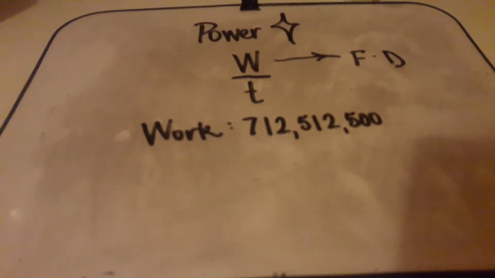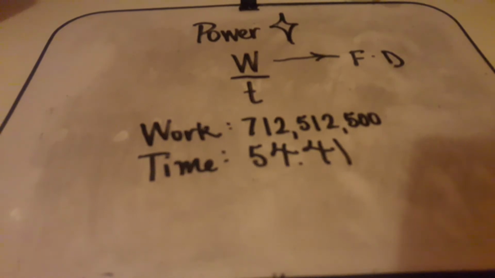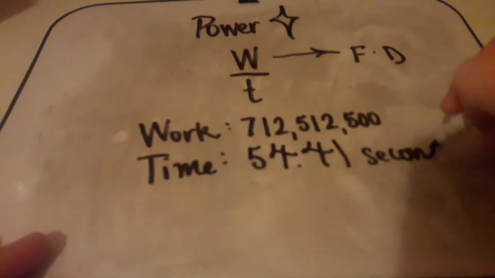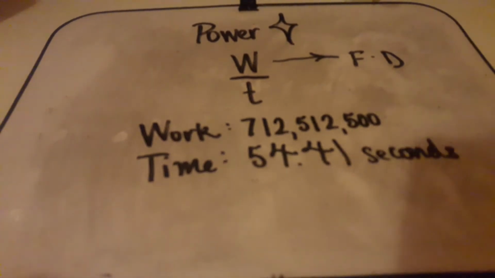But now the time that it gives us to solve, because we want to solve the power that it exerts over a given time, is 54.41 seconds. So this plane is going at a rapid pace for it to be about a minute to go.